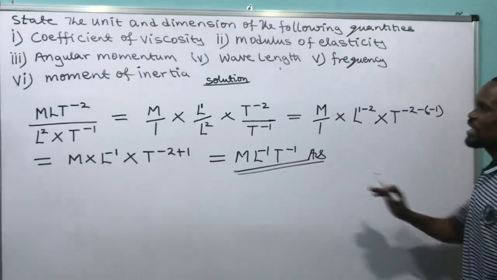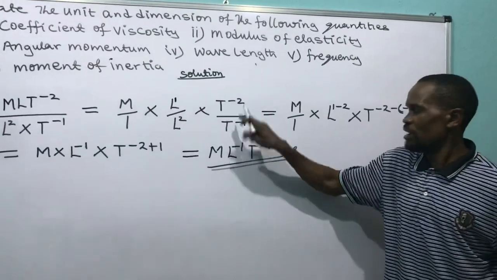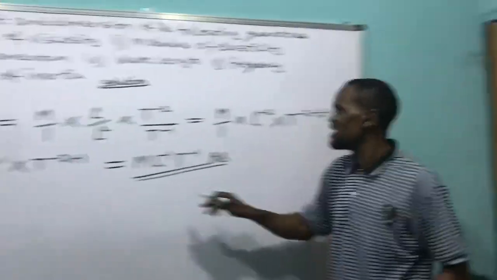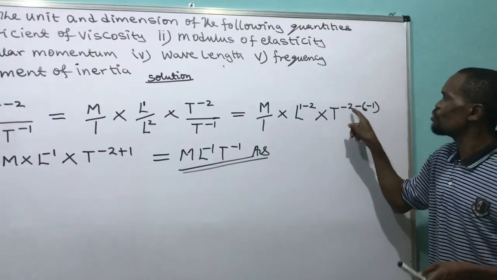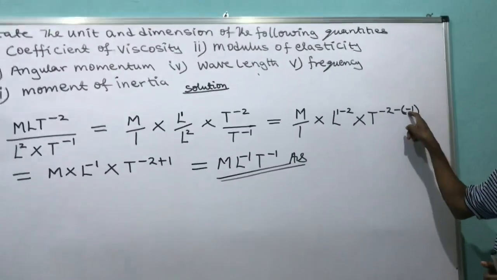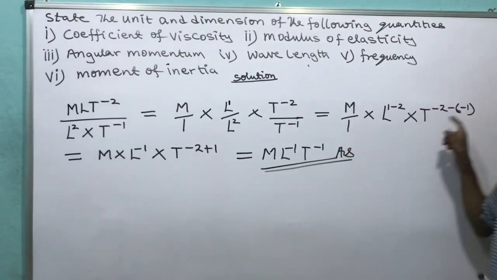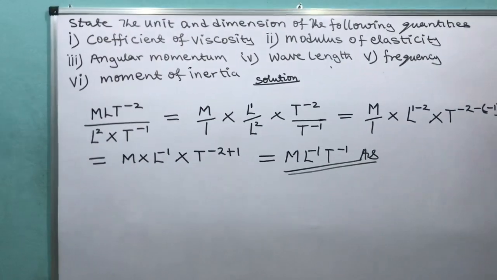Coming to this place, are they of the same base? Yes, base T. Power doesn't concern me. Are they dividing themselves? Yes. Subtract their power. I would answer T raised to power minus 2 minus minus 1. Minus into minus gives 1.